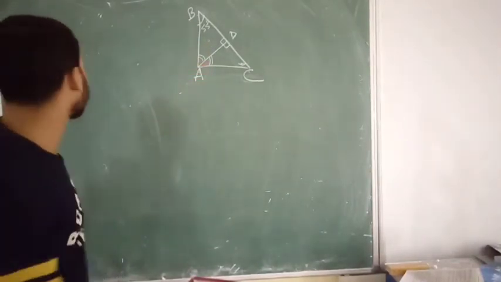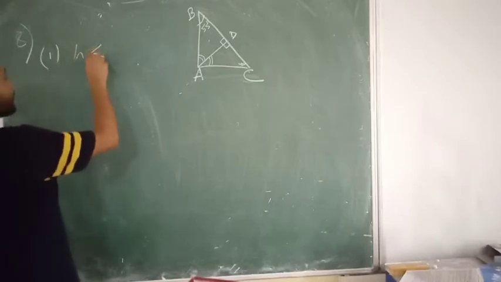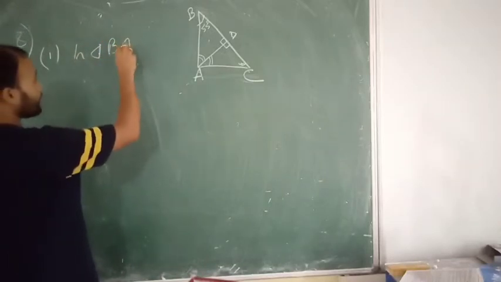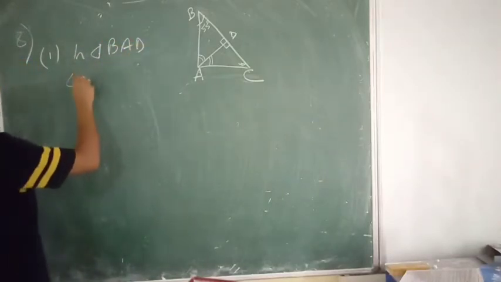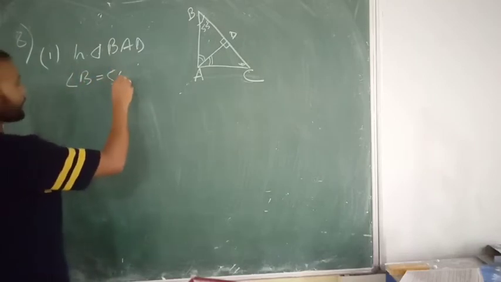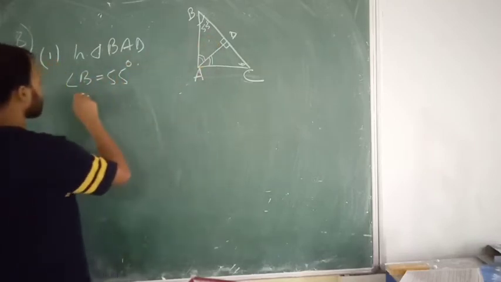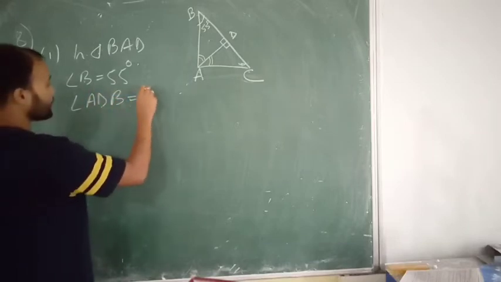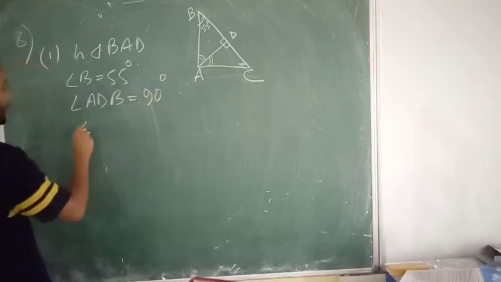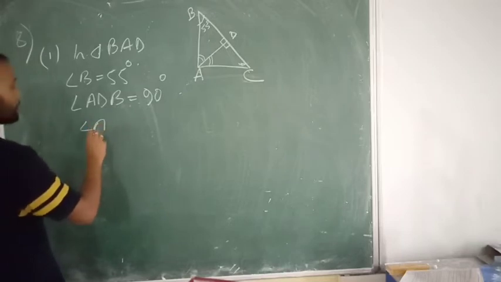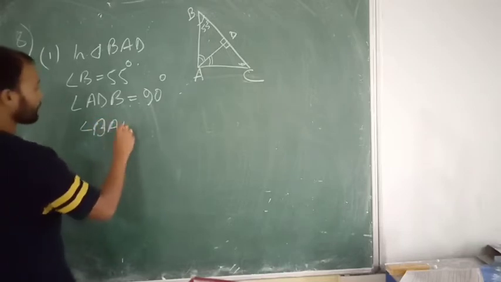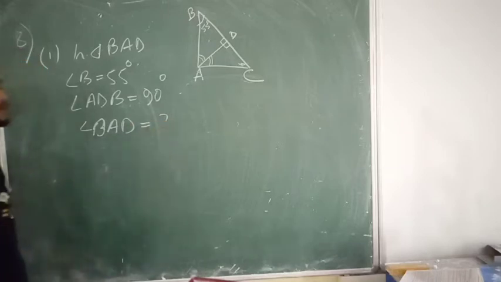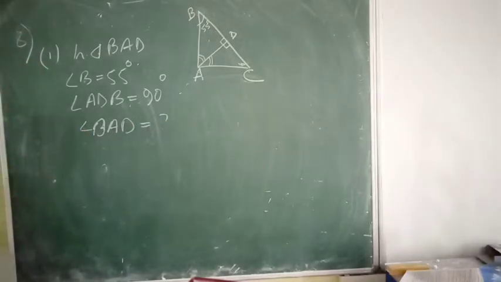First of all, in triangle BAD, see, angle B equals 55 degrees. Angle ADB equals 90 degrees. Angle BAD only. Very simple.